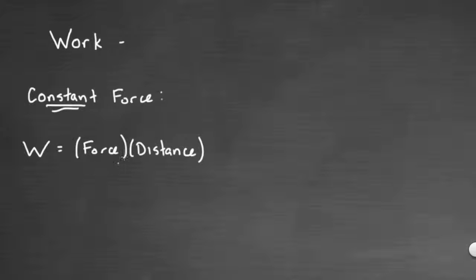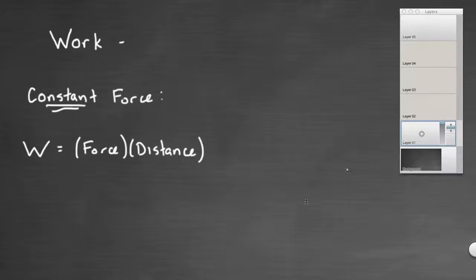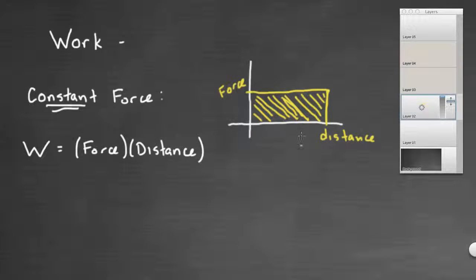All right, now let's think about how we can interpret this. I've got a picture here that I think will help us. Assuming that the force is in fact constant, you can think of this as a force applied over a given distance. So, common units would be something like, if the force is in pounds and the distance is in feet, then the unit for work would be foot pounds.